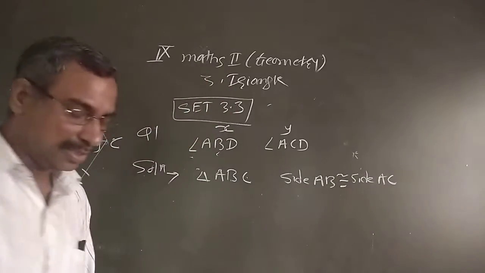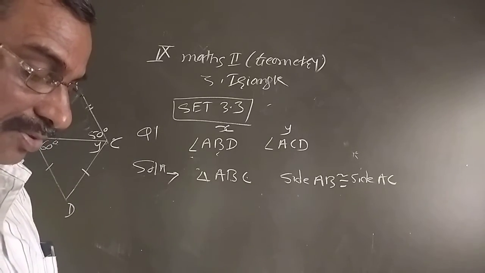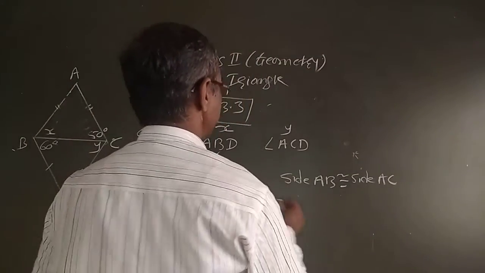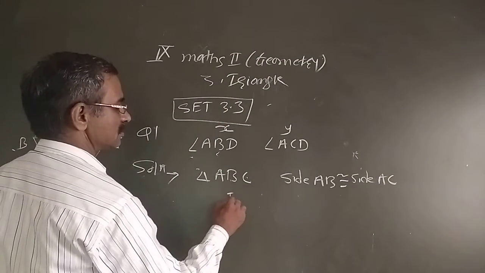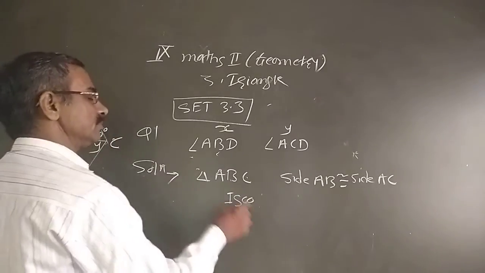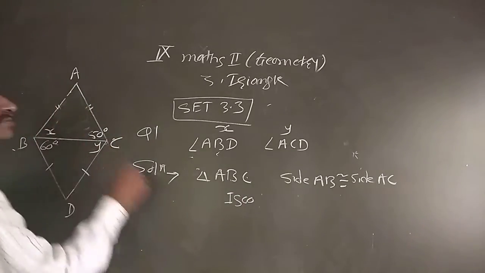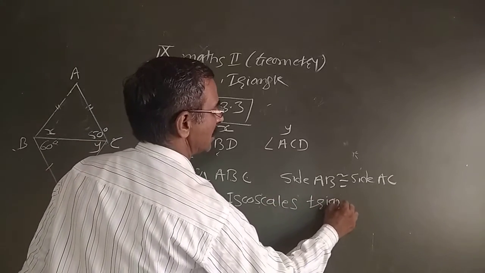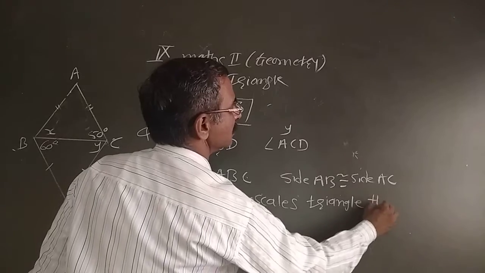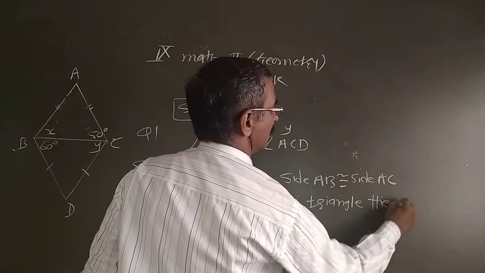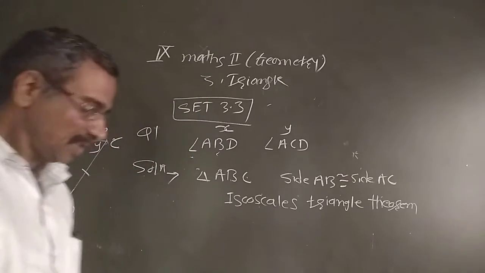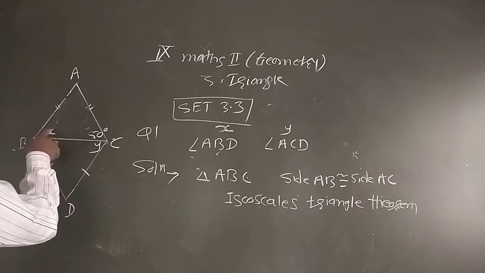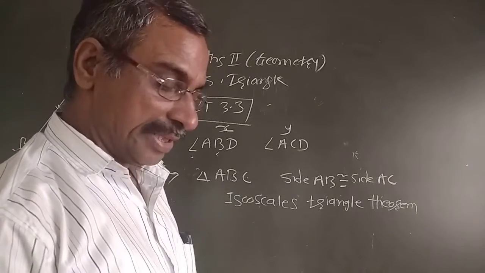As per the isosceles triangle theorem, because the two sides are equal, the triangle is isosceles, and when two sides are equal, their opposite angles are also equal.